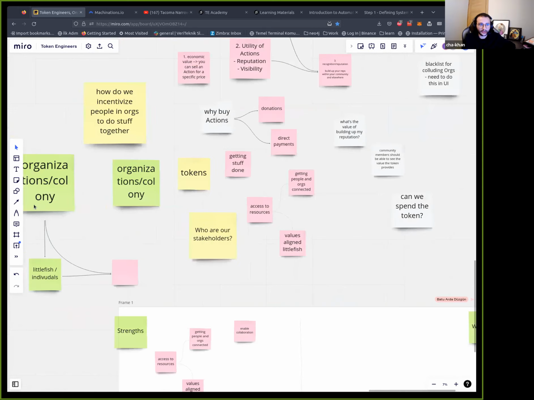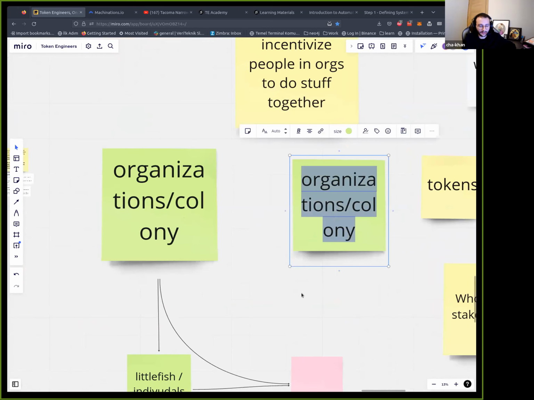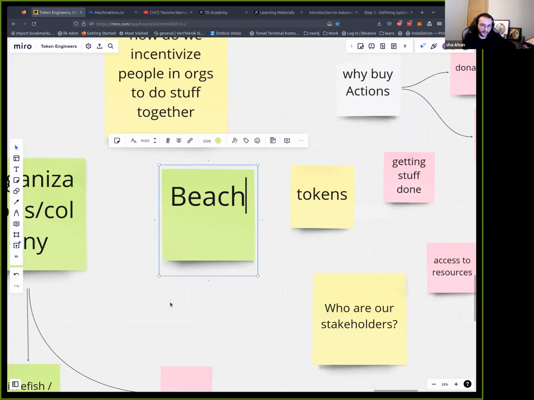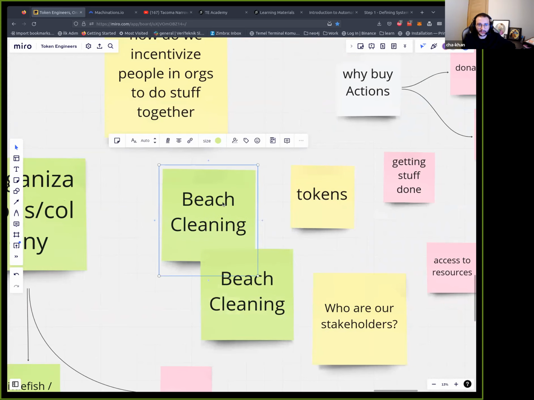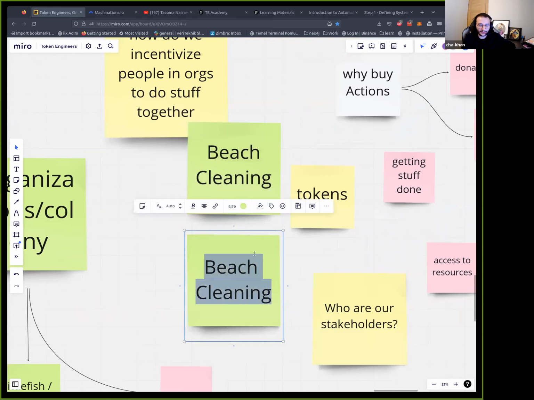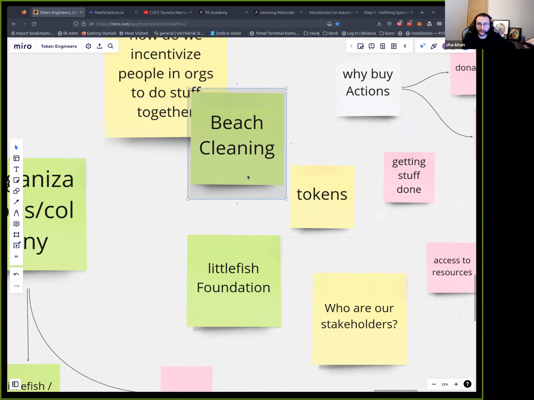Because imagine one organization does beach cleaning. Is this the same organization using the same UI as littlefish? We don't do beach cleaning. We just build littlefish. That's what we do. So our needs are entirely different than this organization.